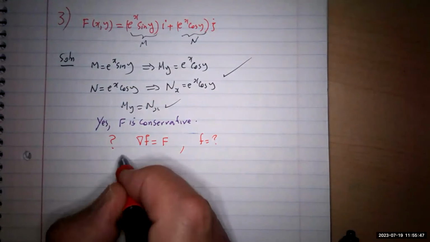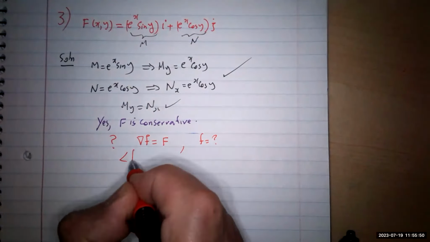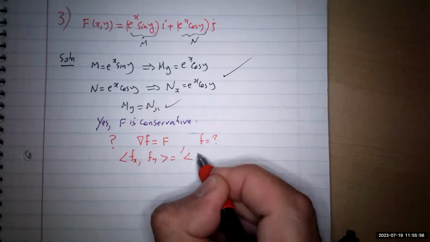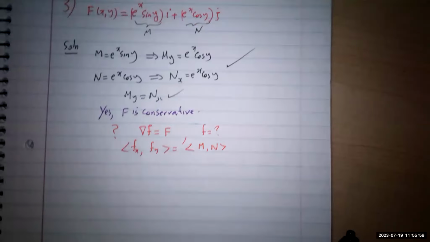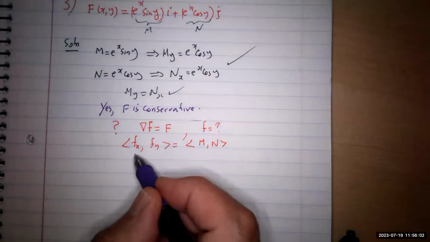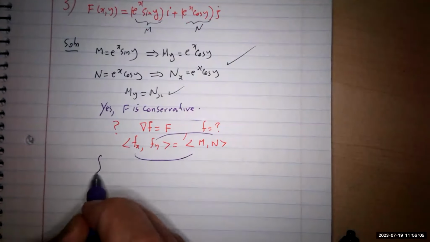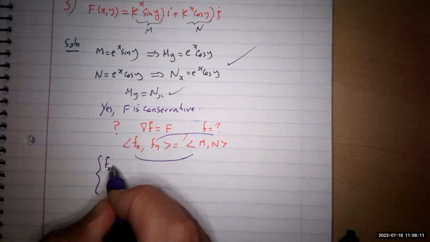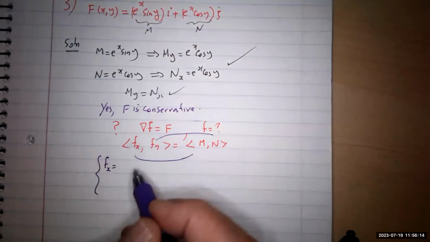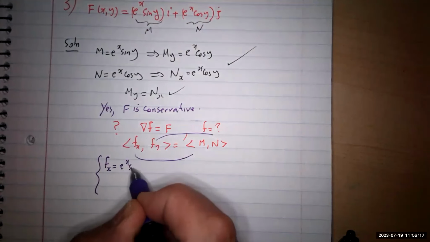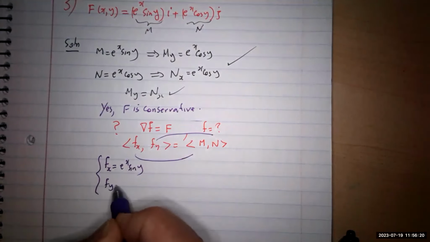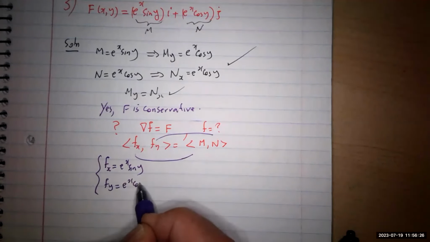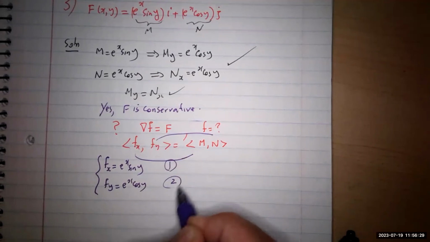Again, from the definition, partial f with respect to x and partial f with respect to y are M and N. The first one is f sub x equal to M, which is e to the x sine y, and f sub y is equal to N, e to the x cosine y. That's your equation number 1 and number 2.